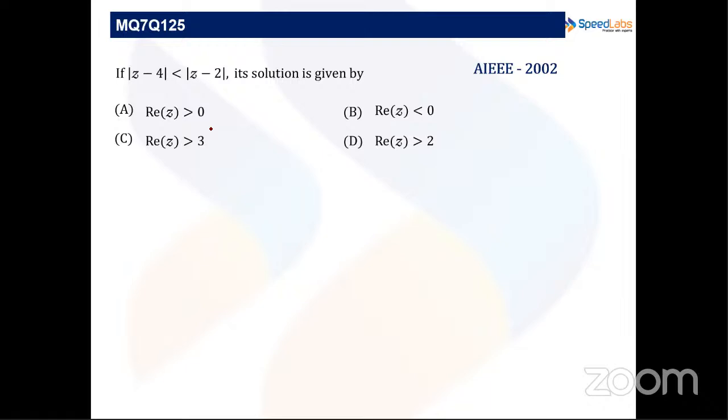So to solve it, you have two different ways. First, you can take z equals x plus iy. Then z minus 4 modulus is mod of x minus 4 plus iy, and mod z minus 4 square will be x minus 4 whole square plus y square.